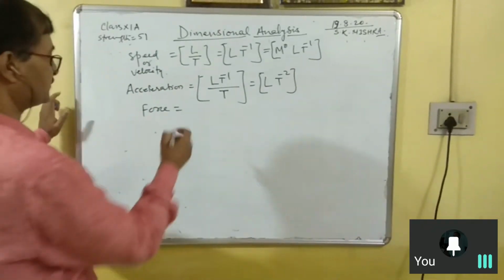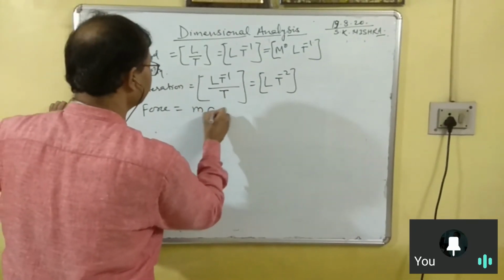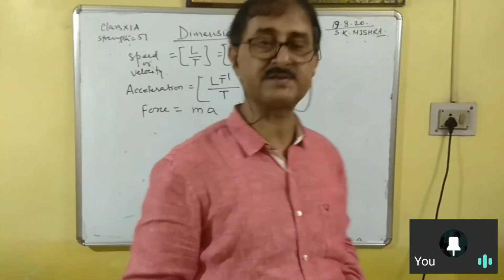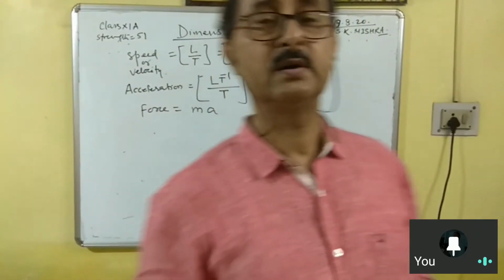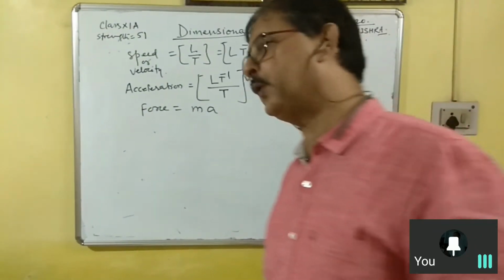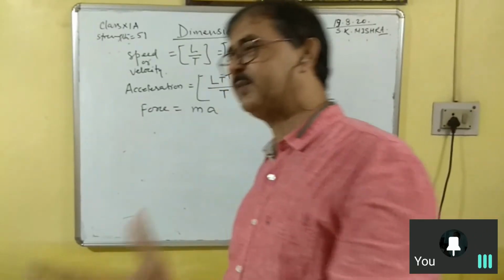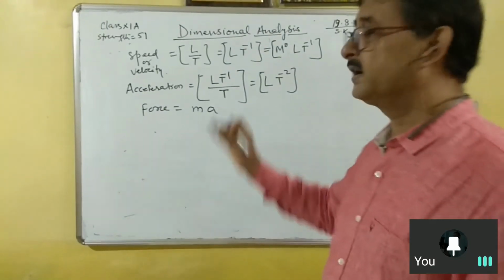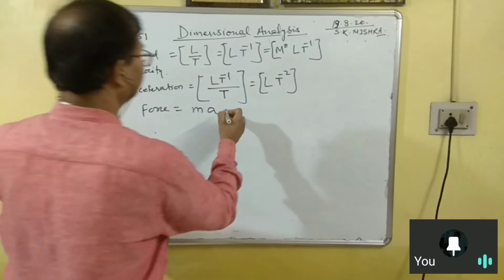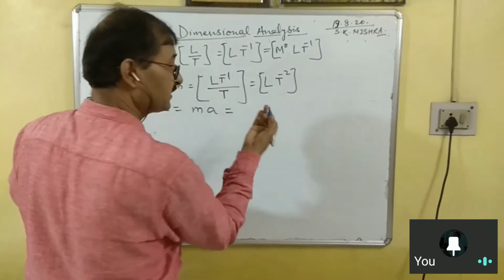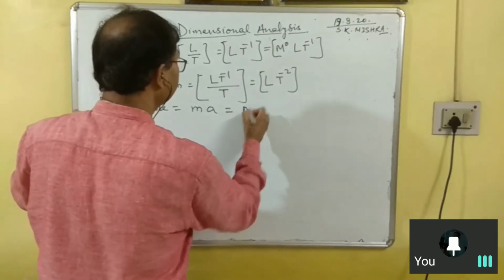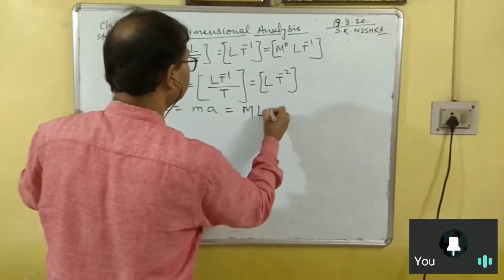Now force, which is mass into acceleration. This formula you know from class 9 onwards, Newton's laws of motion. Force is equal to mass into acceleration. So any force, whether it is a tension force or centripetal force, has the same dimension, that is mass into acceleration, where m is mass and a is L T minus 2.